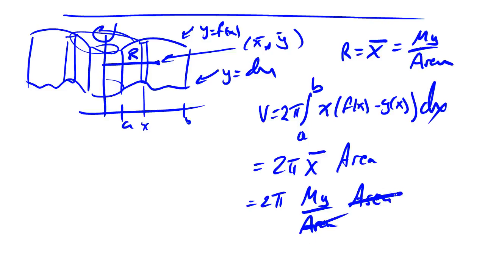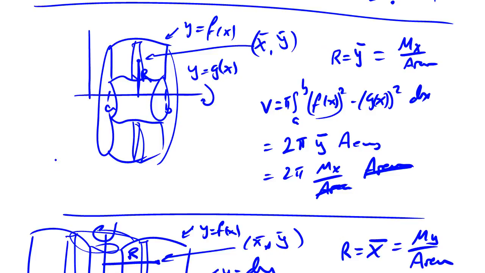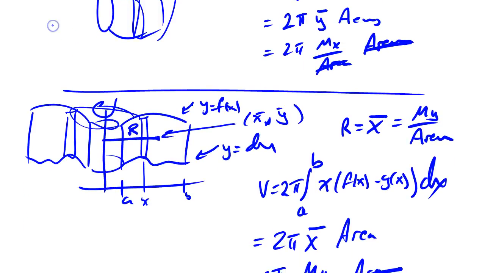So sure enough, the volume by the shell method is 2 pi times my. This is Pappus's theorem applied to the shell method, or Pappus's theorem applied to the washer method. Coincidence? I think not.